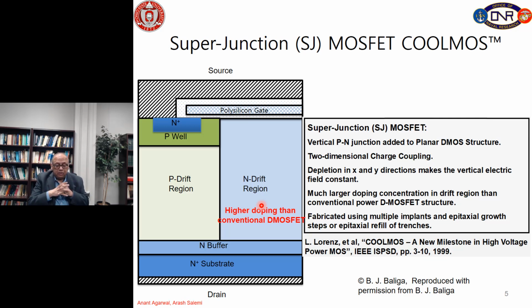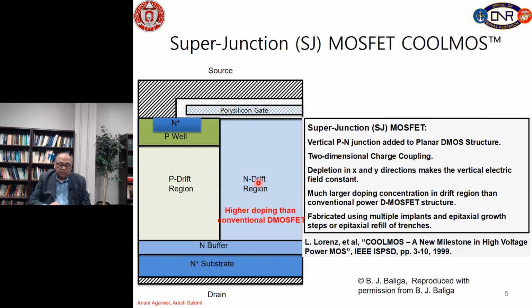So, there is a two-dimensional charge coupling. So, this allows us to keep the electric field constant in the y direction like we were suggesting in the previous slide, and we can dope this region much more heavily, and we will show you how we can make a device like this.